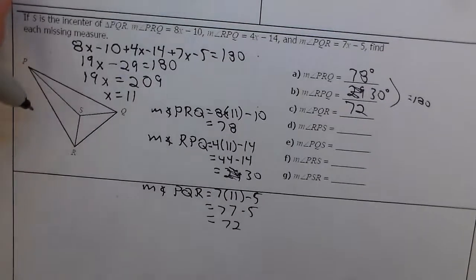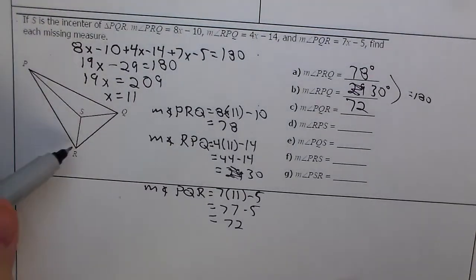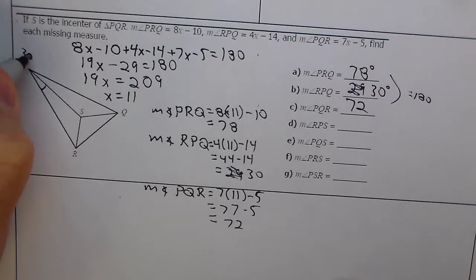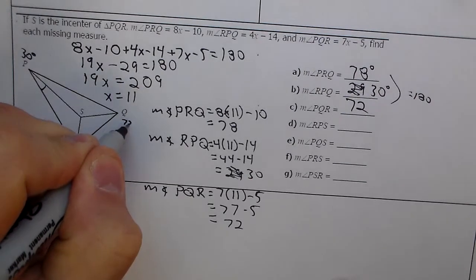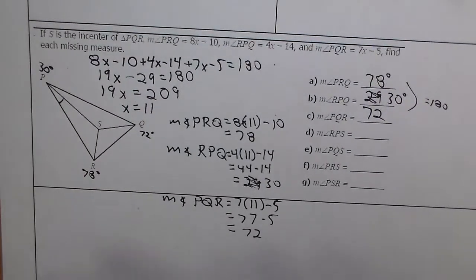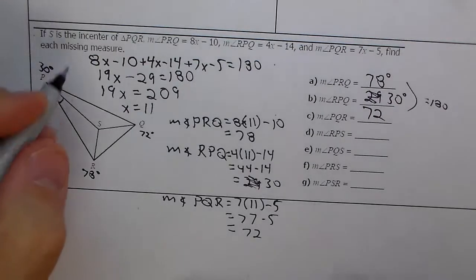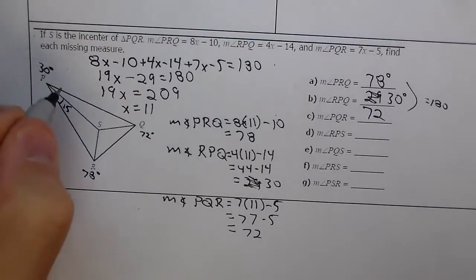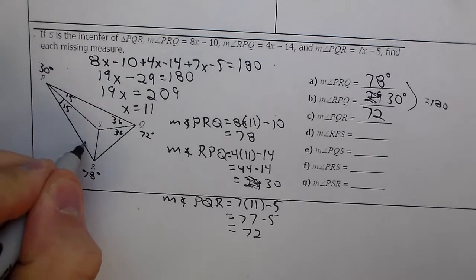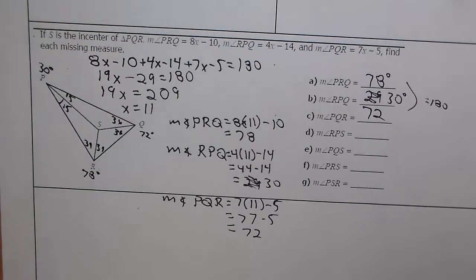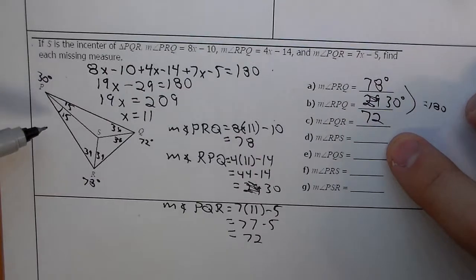So now when it asks for RPS, RPS is half of this angle. Now I found earlier that this angle at P was 30 degrees. R was 78 and 72. Now it's not the best way to label the angles, but just kind of help us because we are going to be bisecting them. That makes this angle 15, 15, 36, 36, 39, and 39. So RPS is 15.